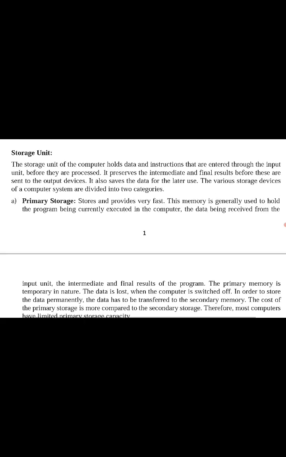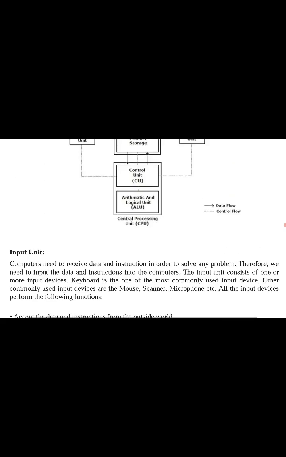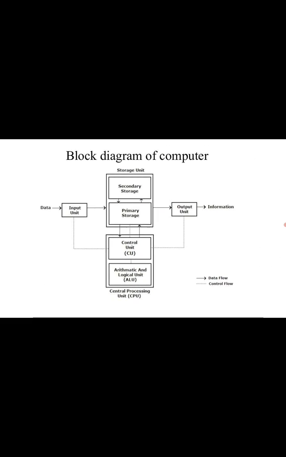So the next part is the storage unit. What is the storage unit? Here you see in this diagram, the central processing unit. The central processing unit contains various other parts like storage unit, control unit, and arithmetic and logic unit, ALU. CPU means central processing unit.